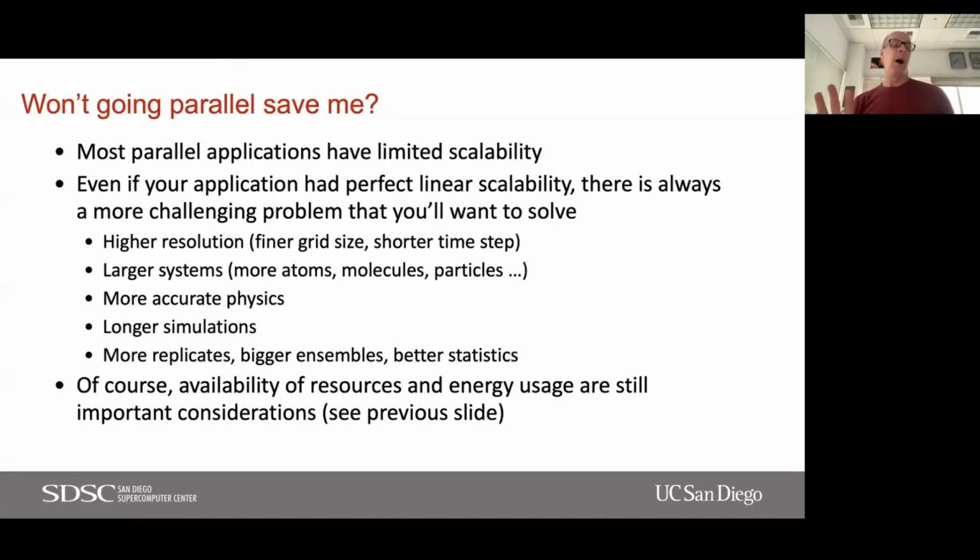So I already alluded to this, and that is, won't going parallel save me? There are a few things to keep in mind here. First of all, most parallel applications have limited scalability. I recognize a few of the names on the call. I know that some of you do highly scalable computing, but a lot of applications really don't scale that far.